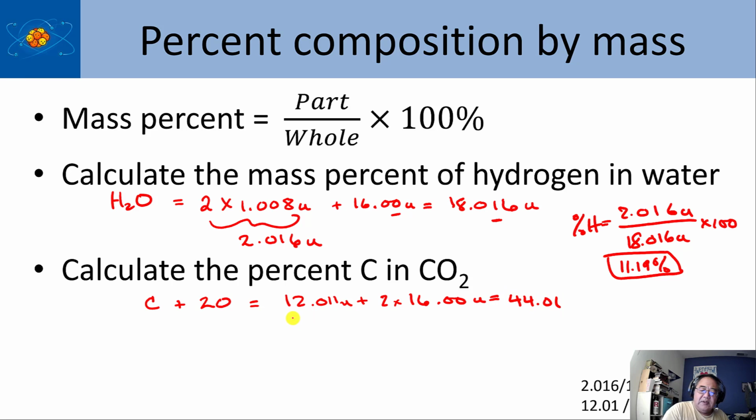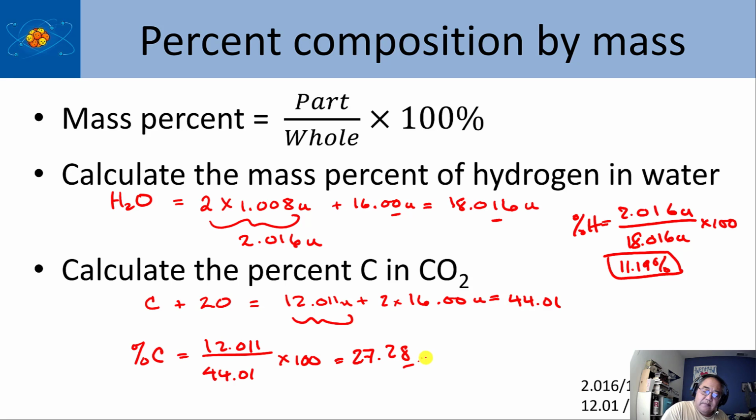The mass of carbon is 12.011, so the percent of carbon in the compound by mass is 12.011 divided by 44.01 times 100, and you end up getting 27.289 percent of carbon in CO2.